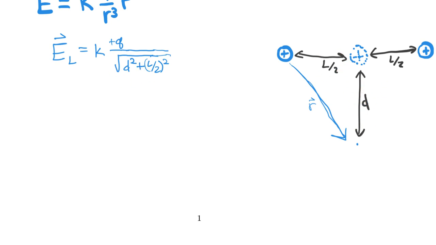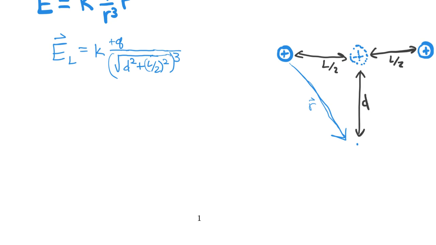Same thing. And so we have r in the denominator, but we have r cubed. So this is actually going to be a denominator where we cube that magnitude, in parentheses, cubed. And then our r vector here is going to be down d, so in the y direction it's going to be minus d.